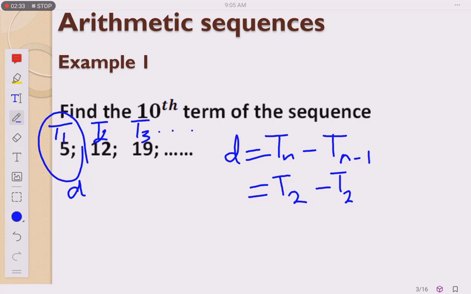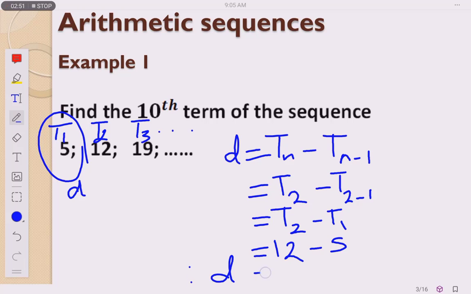Then this becomes T2 minus T1. And substituting the values that we have, our T1 is 5 and our T2 is 12. So we have got 12 minus 5, and our common difference becomes 7.